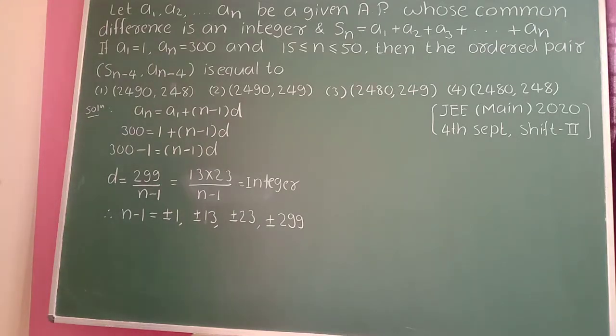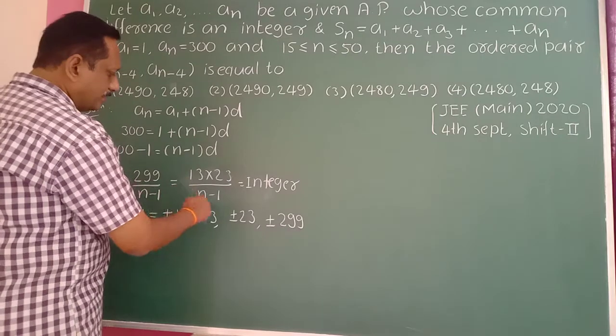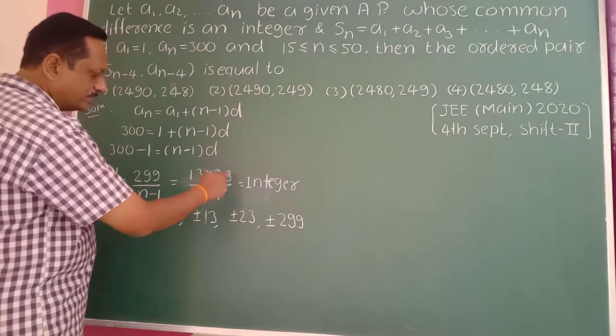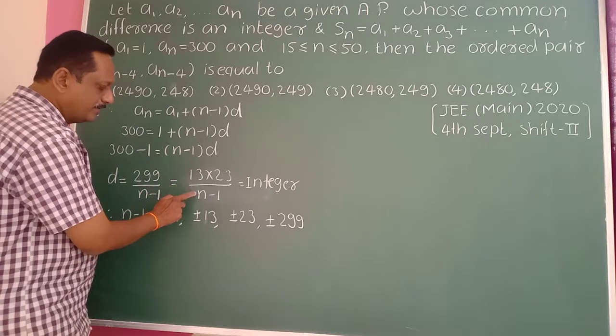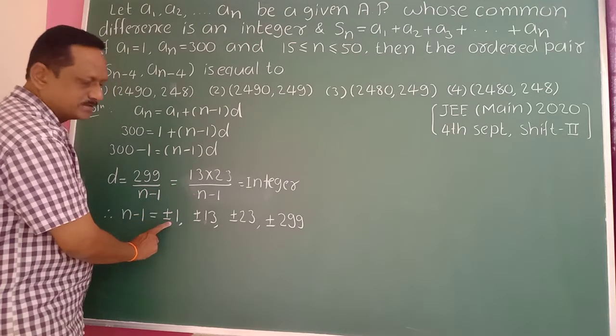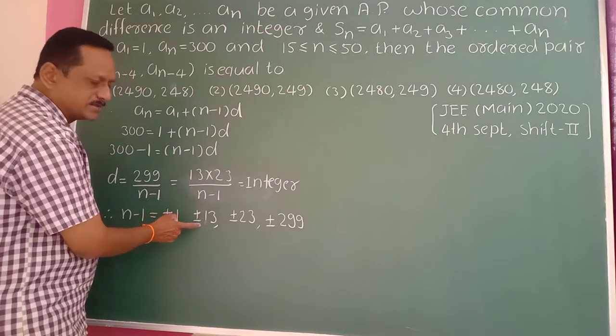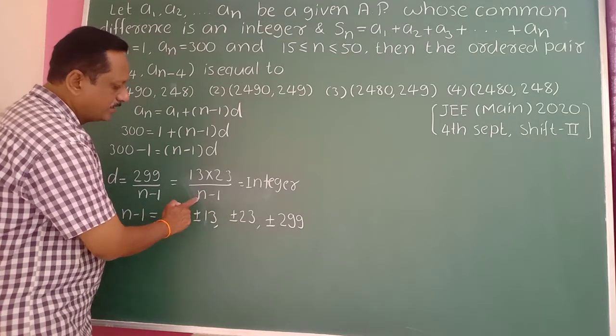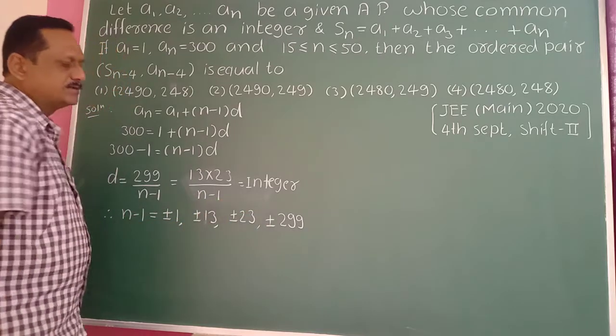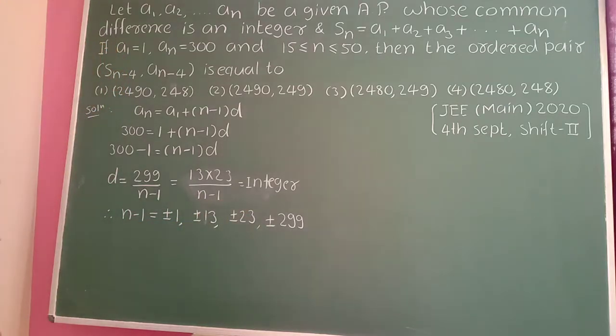Therefore, if this is an integer, the total term is an integer. It is possible when this denominator is plus 1 or minus 1, or plus 13 or minus 13, or plus 23 or minus 23, or plus 299 or minus 299.